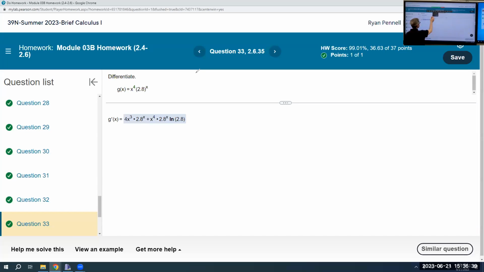It looks like it's another product rule to me. If you'll let me, I'm going to switch that to y. y equals x to the 4th times 2.8 to the x. So that being the case, I'm going to let this be f and this be g. f prime times g, plus f times g prime.